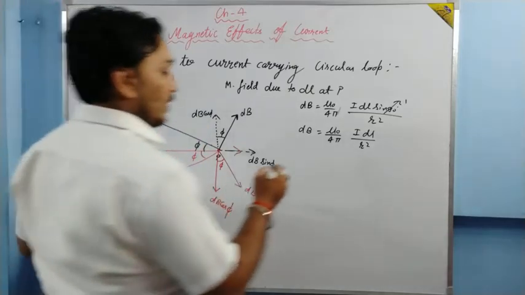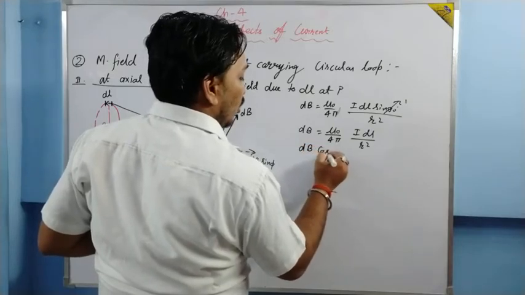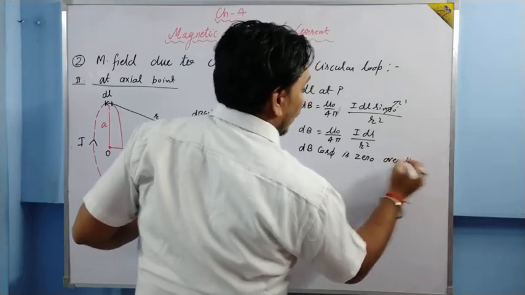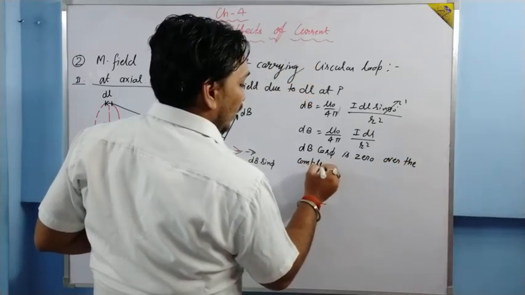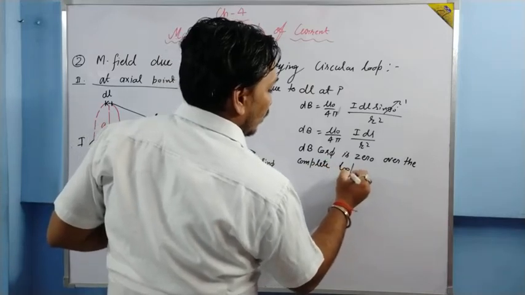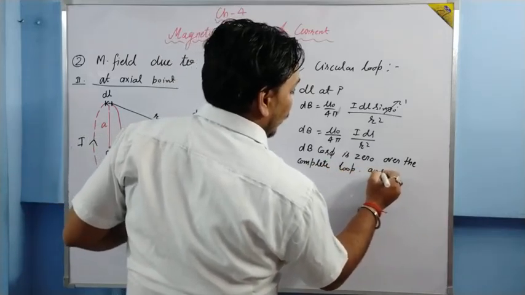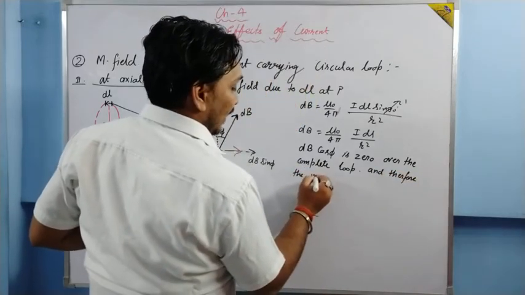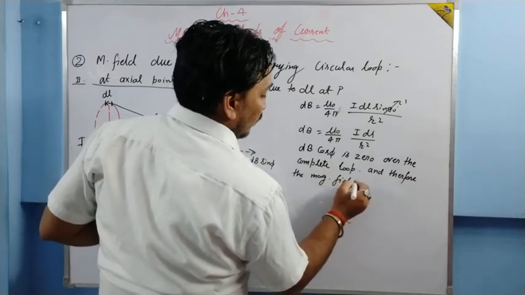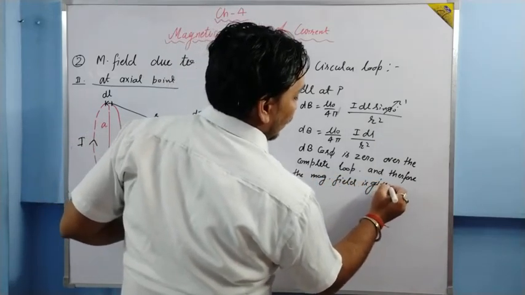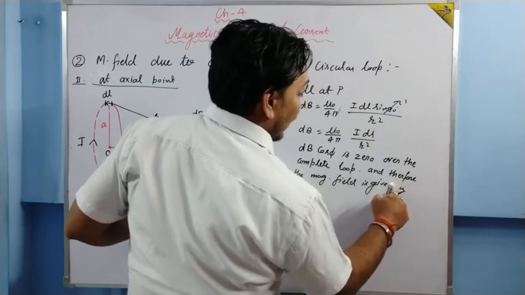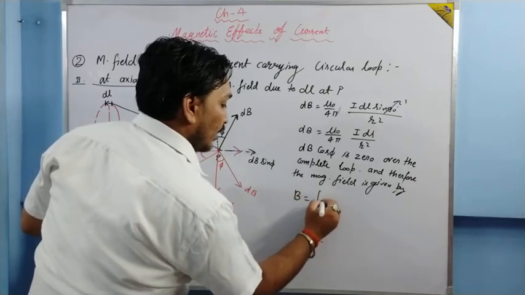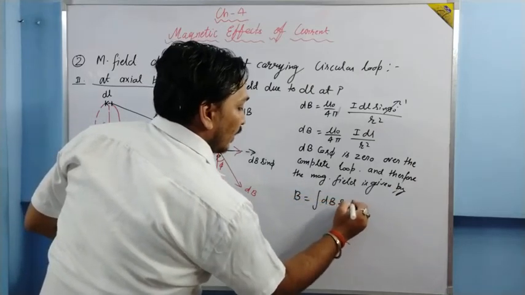So what we say? We say that dB cos phi is 0 over the complete loop, and therefore the magnetic field is given by B is equal to integration of dB sin phi.